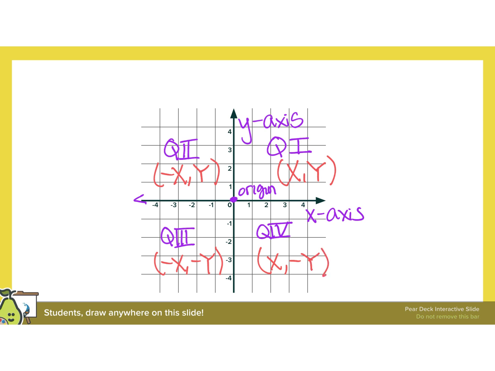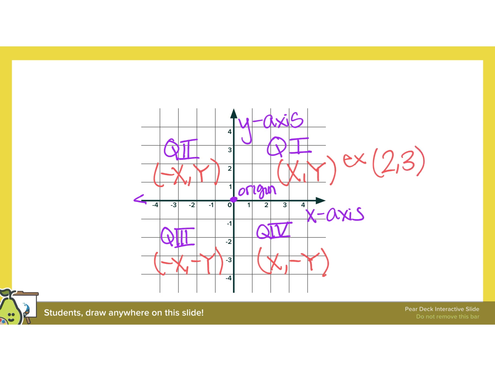So let me give you an example of what that means in case the letters are confusing. If I wanted to know where the point 2, 3 would be, well, 2, 3 are both positive, so this point is in quadrant 1.